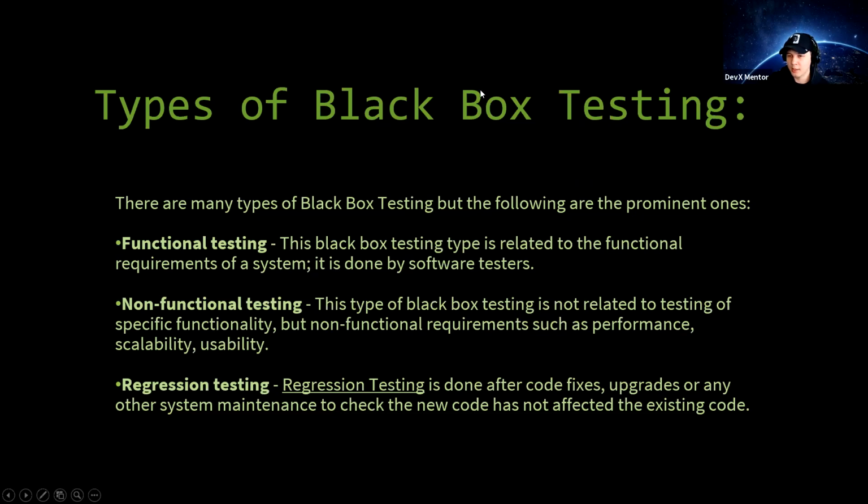So why black box? Because we don't see the code. We don't know how it works, how it's implemented, but we can test usability, scalability, performance. That's non-functional. And functionally, we can test the input and output and some behavior of our program.